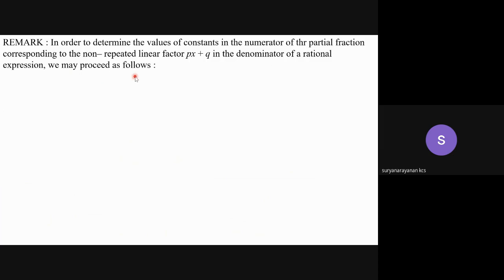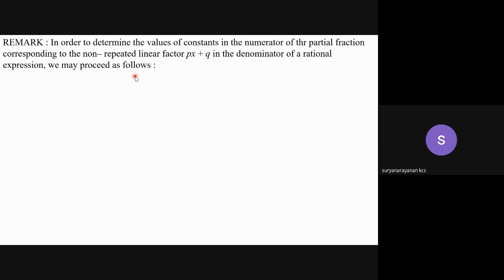In partial fractions, as we discussed in the previous slide, we wrote partial fractions for a given proper rational function. If there are two linear factors, we write two partial fractions. If there are three linear factors, we write three partial fractions.